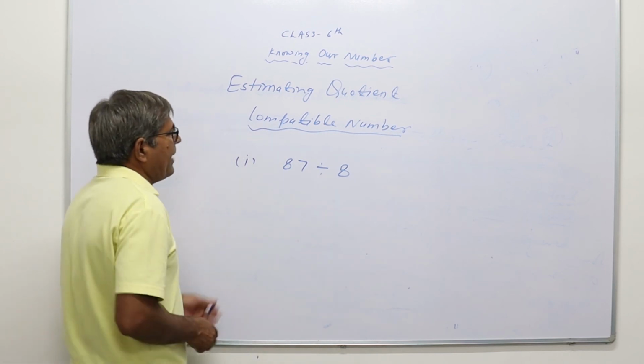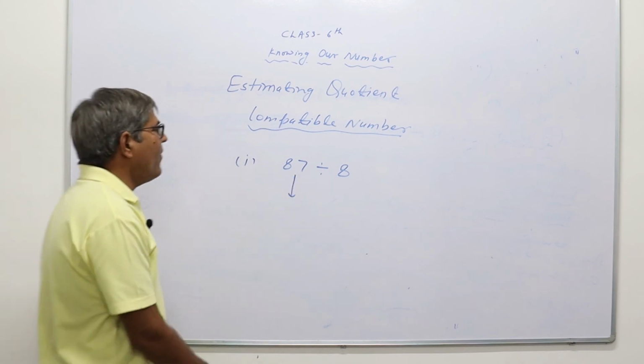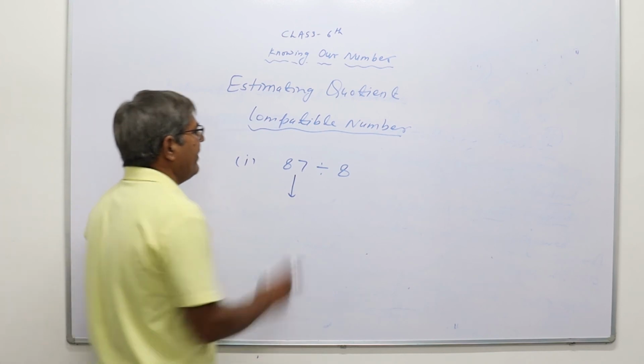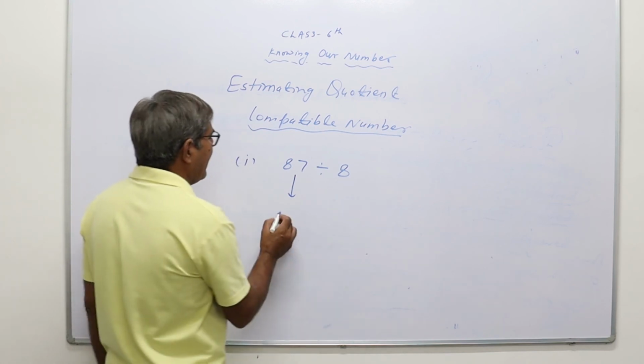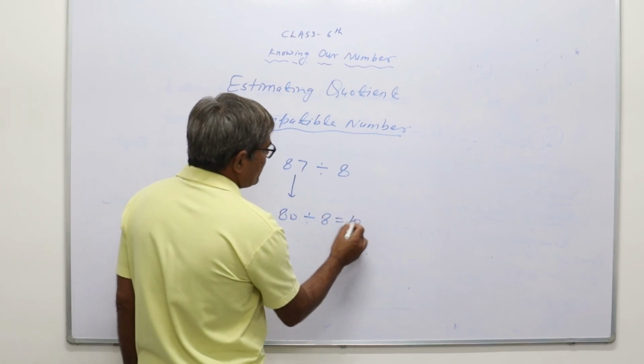So the compatible number to the nearest 10 for 87, if it is divided by 8, will be 80, then 80 divided by 8 equals 10.